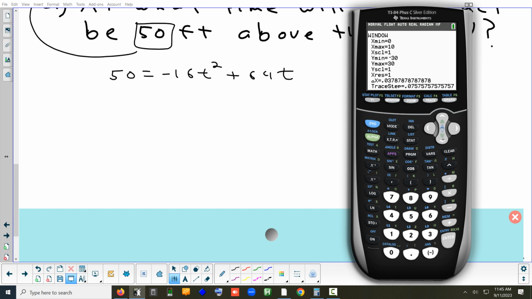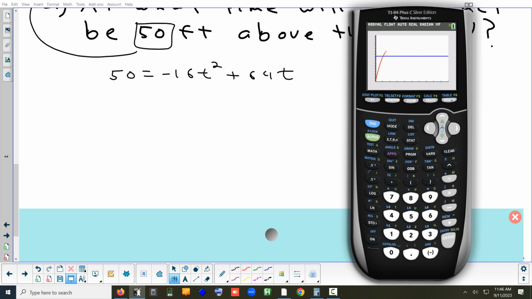Let's leave it at 10, and if the parabola goes off the screen, we'll make it bigger. Y is the height. What's the lowest that this object would ever go? 0. And the highest we don't know, but we're going to hope it hits at least 50. Let's maybe go up to 90. If the top of the parabola goes off the screen, we need to go higher. Okay, so let's try that as our window.